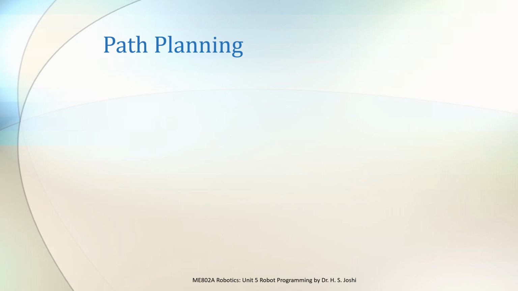Now let us discuss path planning. As we have defined the robot as a programmable multi-purpose manipulator, as the name manipulator indicates, it has to move through a series of motions or a series of operations. So most important for us is the path planning for the robot.